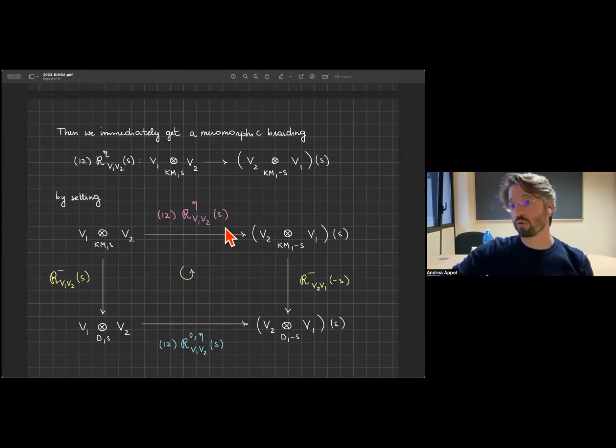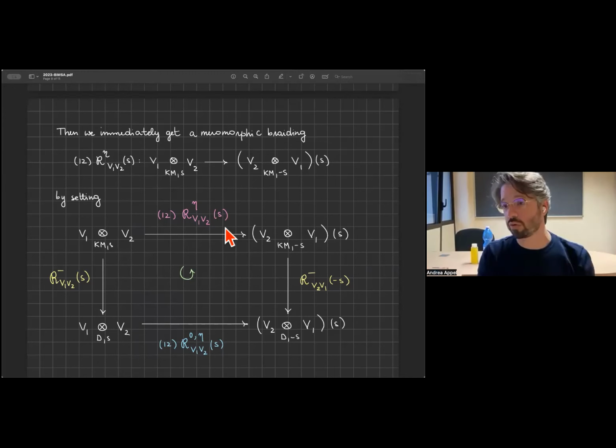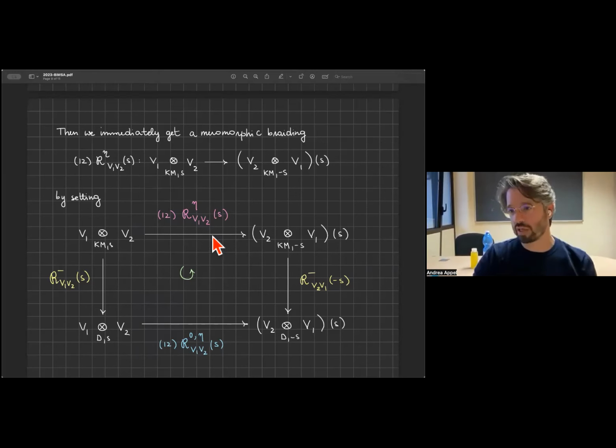This was already conjectured by Khoroshkin and Tolstoy in the 90s: they conjectured that the R matrix of the Yangian possessed this factorization.